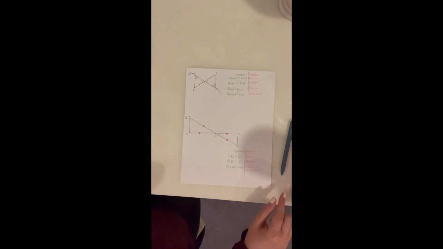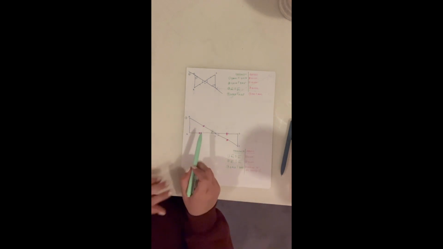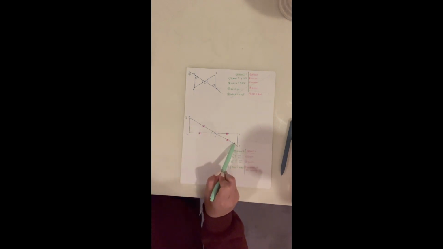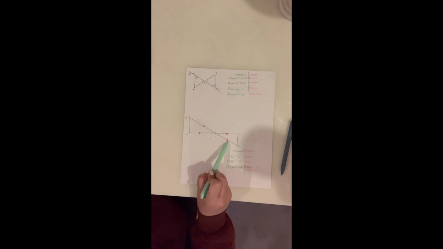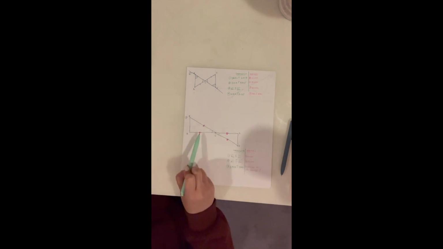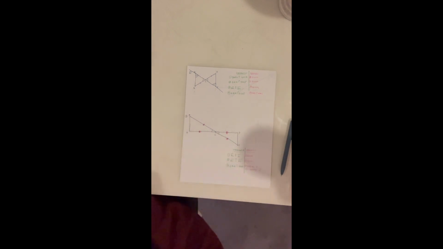So now we have enough to state why this triangle is congruent to that triangle. If you look at it, this triangle is congruent to this triangle because this side is congruent to that side, that angle is congruent to that angle, and this line segment is congruent to that line segment. So this triangle would be congruent to that because of side, angle, side, okay?